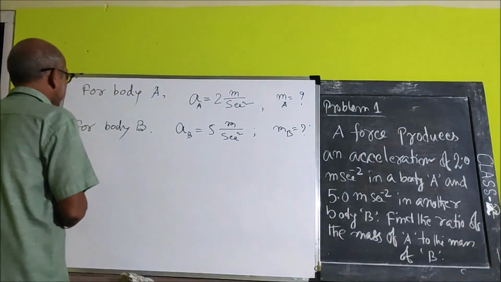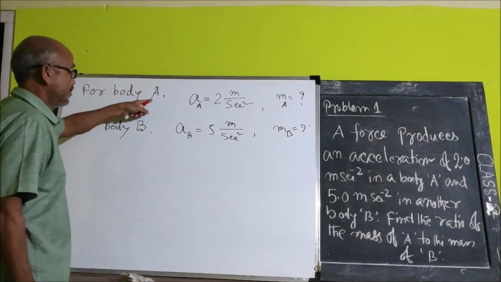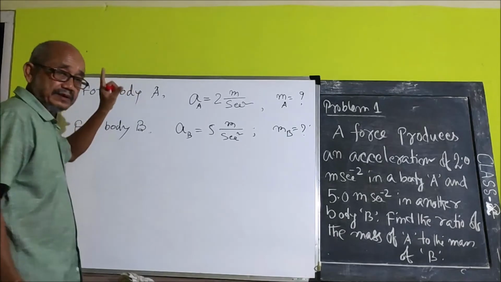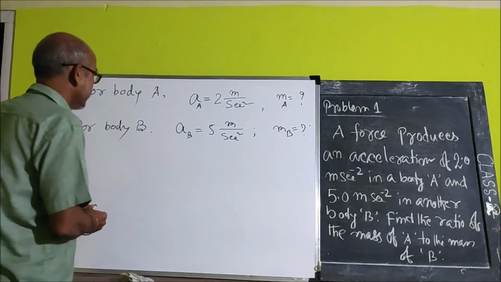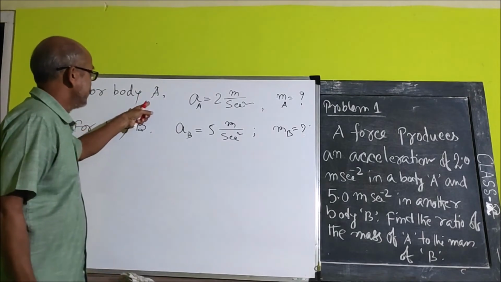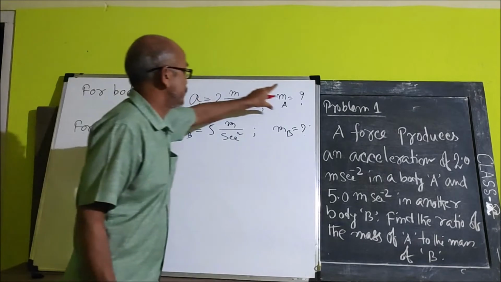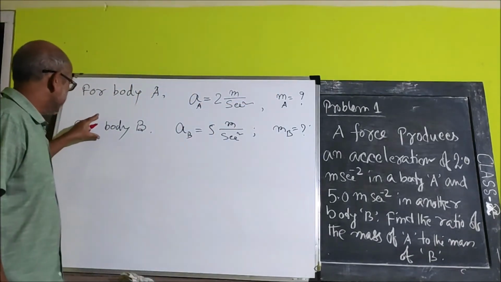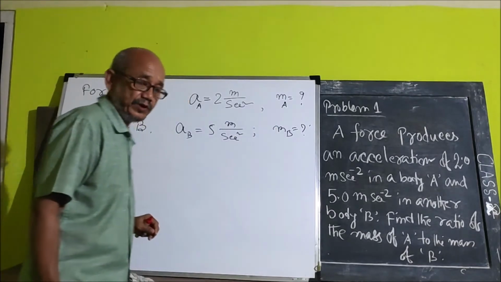Now, the force for body A and the force for body B: when we apply a force to body A, it produces an acceleration, and when a force is applied to body B, it produces an acceleration.